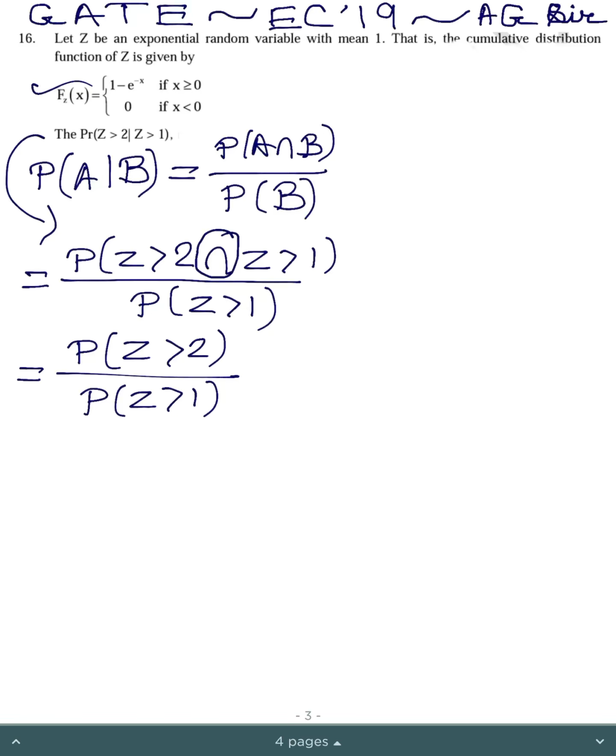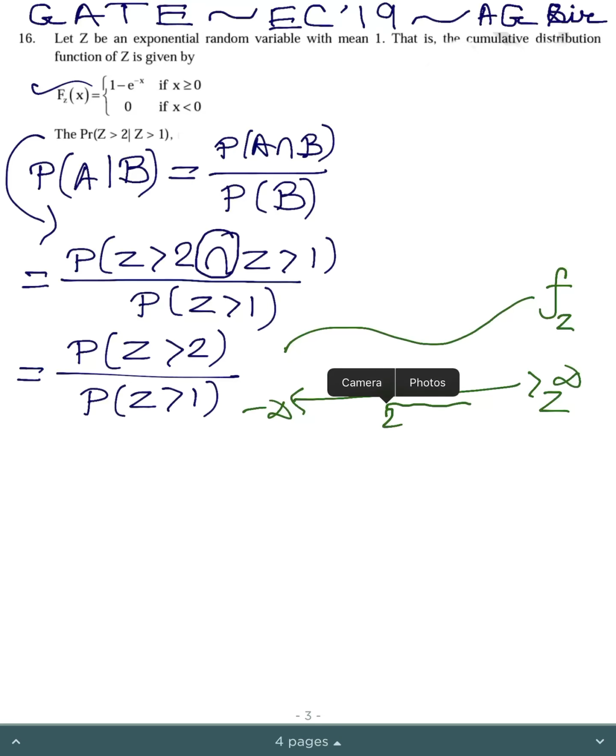We know that if this straight line, which extends between plus infinity and minus infinity, that is the entire real line, represents the values of the random variable Z, and this curve is a probability density function, which is usually denoted by small f of z, then Z greater than 2 means the region where the values of Z are more than or equal to 2, that means this region, and hence the probability of Z greater than 2 is nothing but the area of this region.